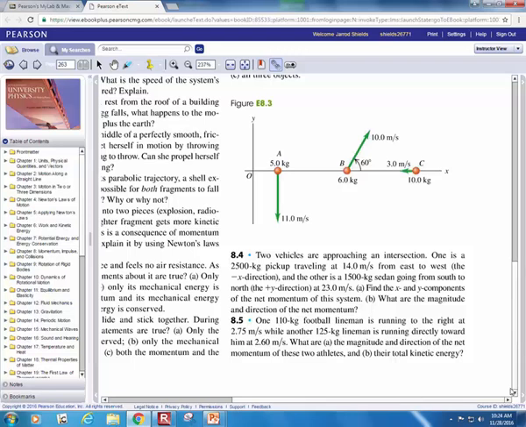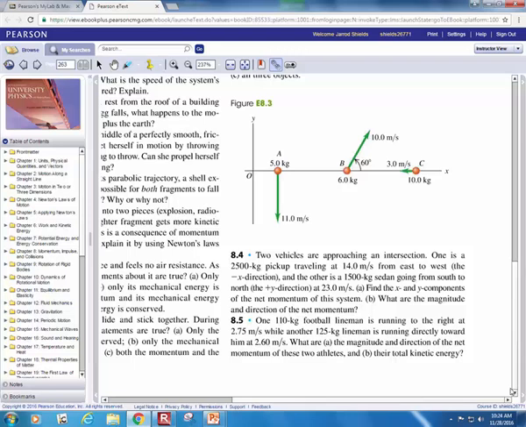So what we're doing is finding x and y of each car and adding them together, talking about the net momentum. Yeah, you got to do the square of the squares. Now, it's really easy, y'all, because notice one of them is at 180, and one of them is at 90.